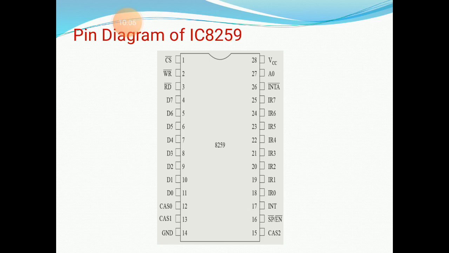Among the 28 pins, 8 pins are reserved for the 8 interrupt sources IR0 to IR7, and 8 pins are reserved for the 8 data lines D0 to D7, and 3 cascade lines CAS0, CAS1, CAS2, and 2 control signals WR bar and RD bar, 2 interrupt signals INT and INTA bar, 2 power supplies VCC and ground, 1 address line A0, and SP bar and EN bar signals.